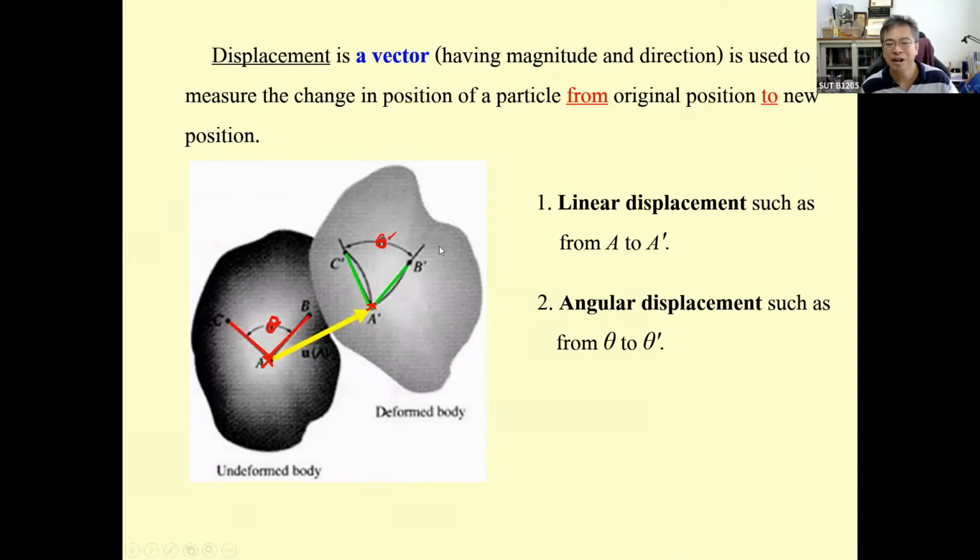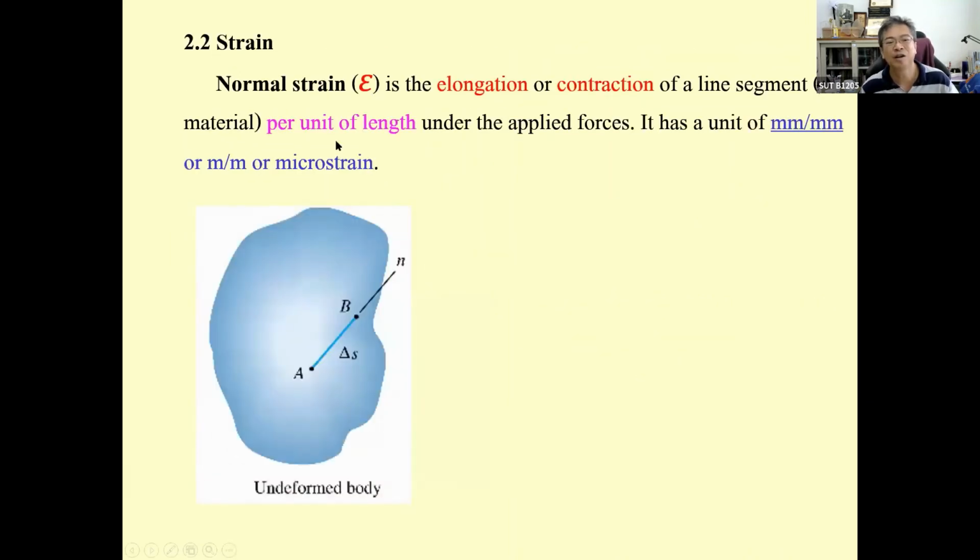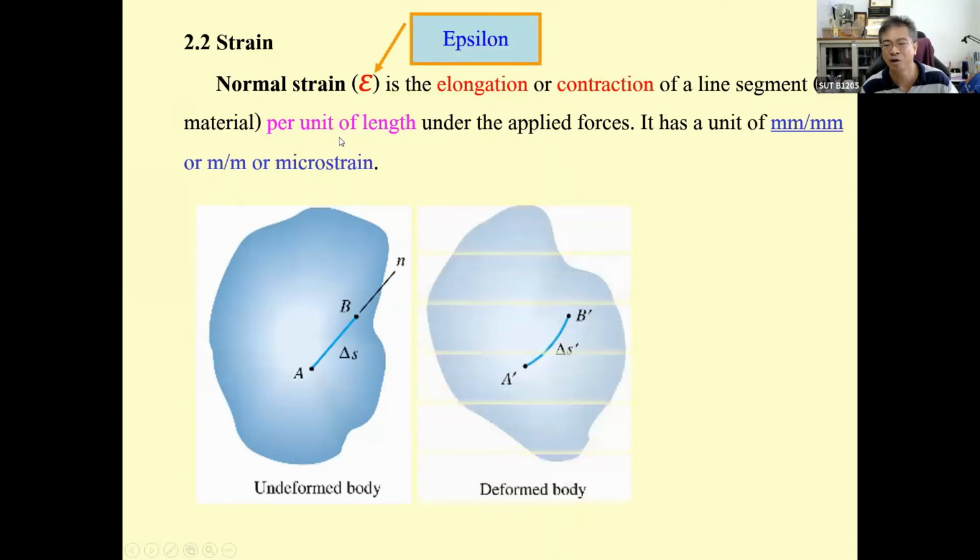So this one produces the normal strain, and this one will produce the shear strain. The normal strain is defined by the elongation or the contraction divided by its original length.